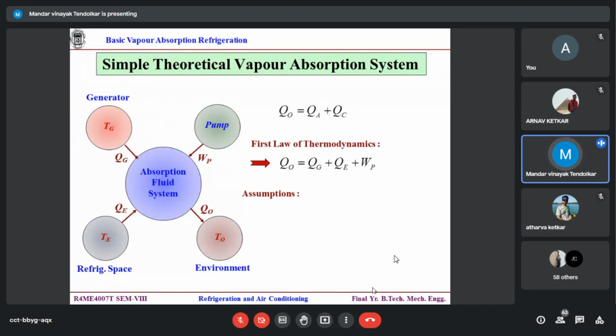Now I will make certain assumptions because this is a theoretical analysis. So the generator, whatever heating medium, its temperature is maintained at TG. Let's say heat supply, kerosene or some gas you are burning, 300 degrees Celsius, we assume it to be constant. Okay, valid assumption, nothing wrong in that. Refrigeration substance temperature TE, that is also assumed constant.